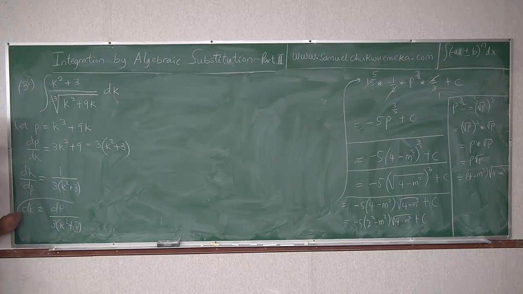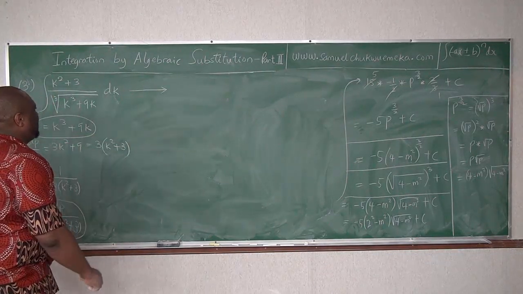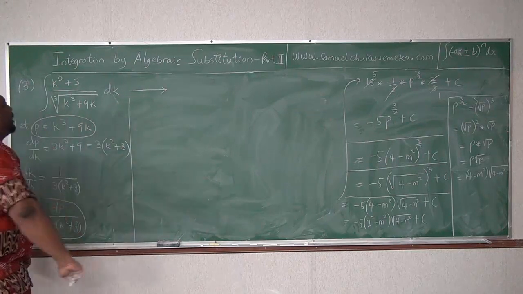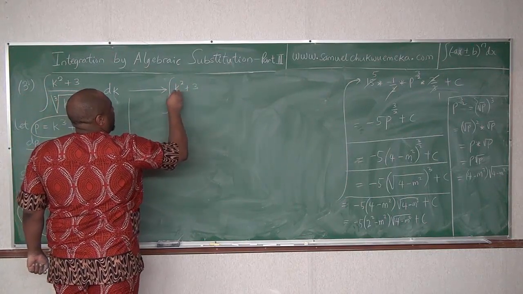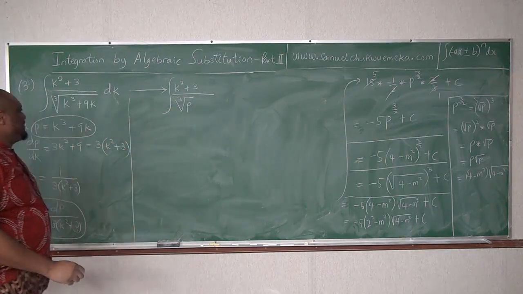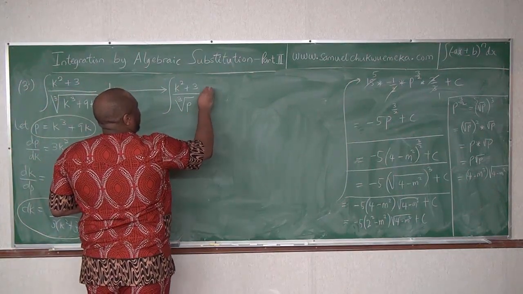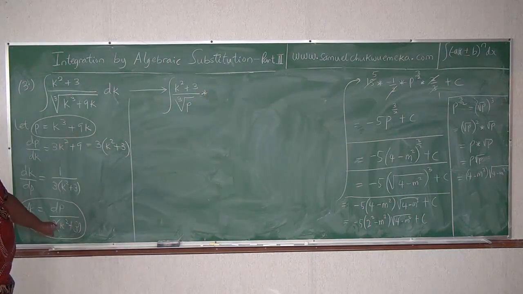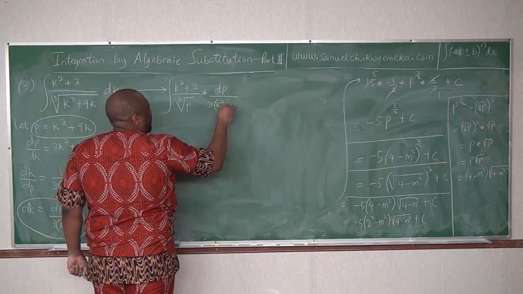We shall use this. So this implies the integral of k squared plus 3 all over the cube root of p times dk. dk is dp over 3 times k squared plus 3.